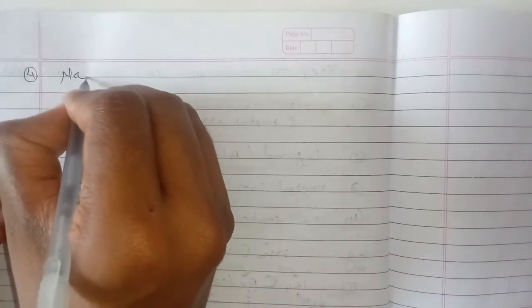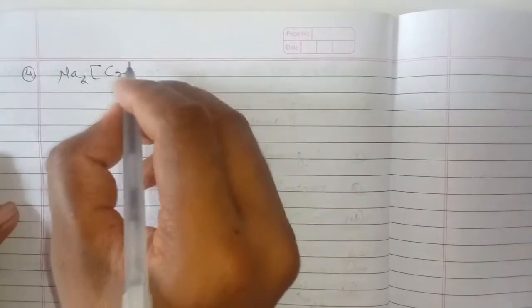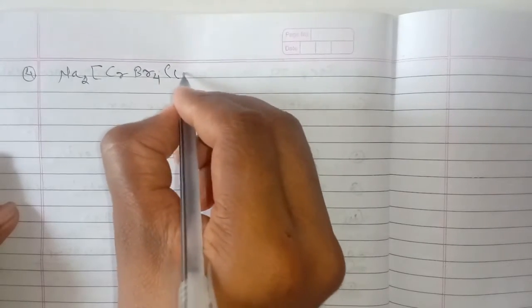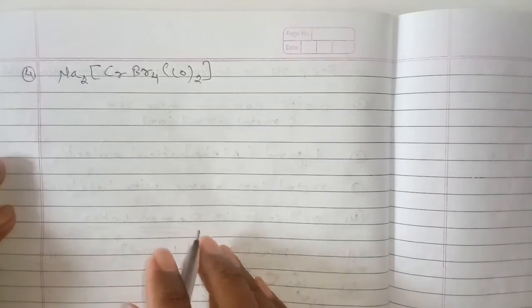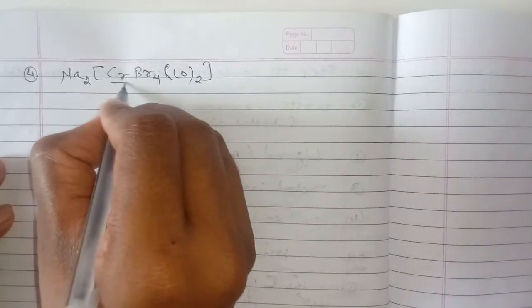Now the fourth example is Na2[CrBr4(CO)2]. First of all, we calculate the oxidation state of chromium.